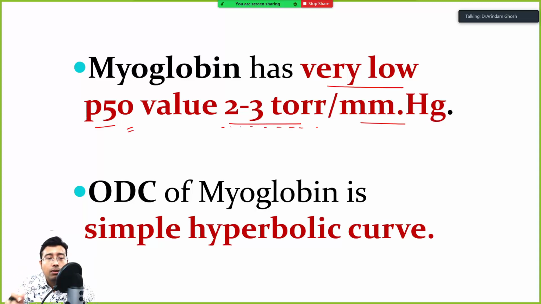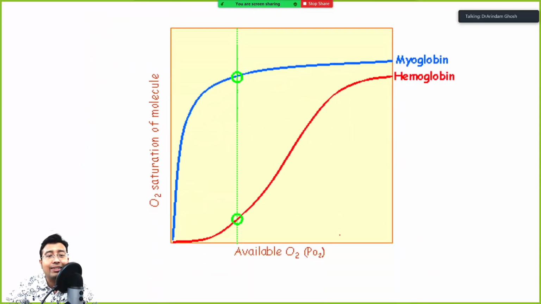Therefore, okay, the oxygen dissociation curve is a hyperbola. You need to understand why it is hyperbola. See, over here, even if adult hemoglobin and fetal hemoglobin have got high affinity, the affinity actually falls off.